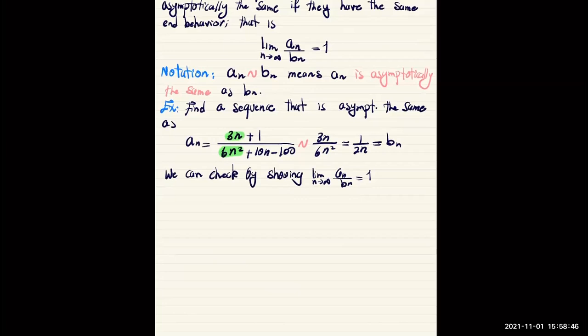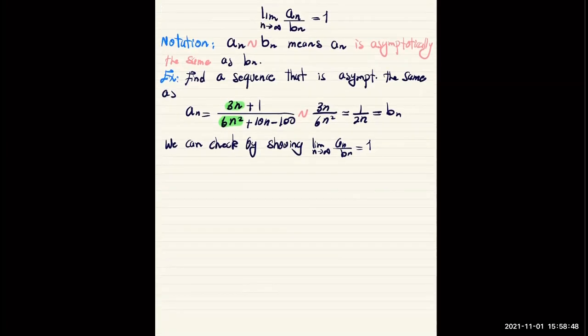You can check that. Here, we'll just check this quickly. The limit as n goes to infinity of a sub n to b sub n. A sub n, let me just copy that down. It's 3n plus 1 over 6n squared plus 10n minus 100.